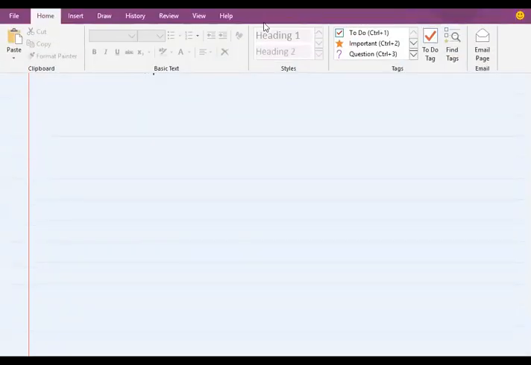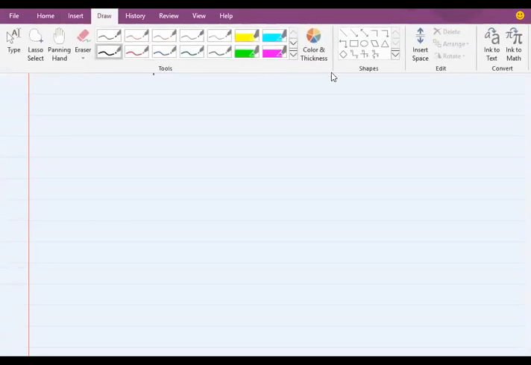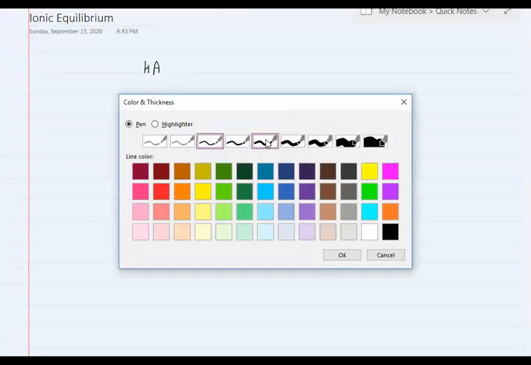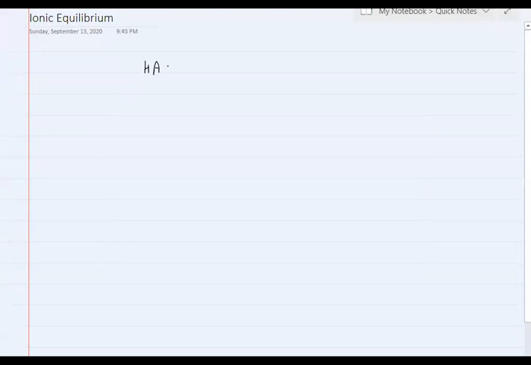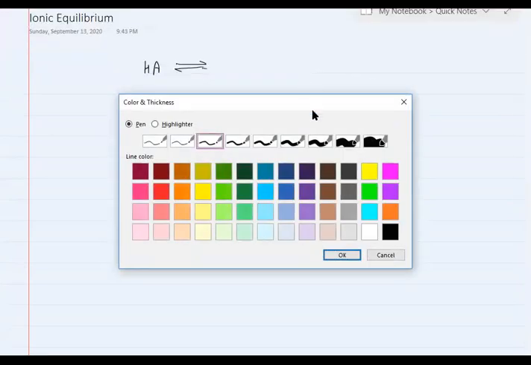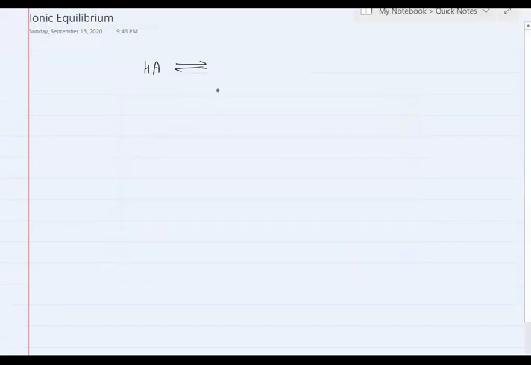Yes or no? Now HA will break into what? Very good. H plus plus A minus. Now, forget about ionic equilibrium.